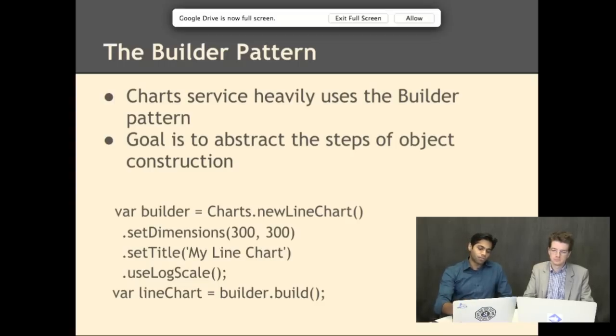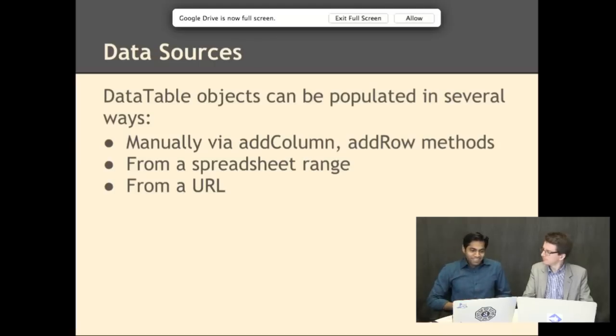I can call them in various orders as well. And there are many more options. You choose which options you want to set and change from the defaults, and you create your chart that way. And the key to everything built this way is the build call at the end. After you're satisfied with the way you've configured your object, you call builder.build, and it returns you the chart object. So on the one side, it's a line chart builder. You call build, it returns a line chart, and then you can embed this as a chart in anything. Nice, simple.